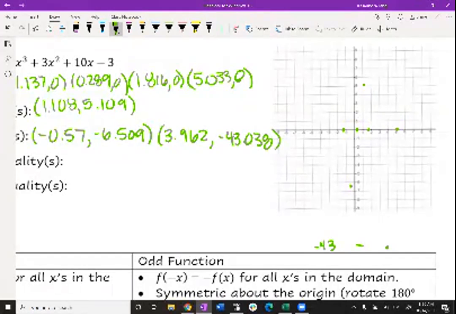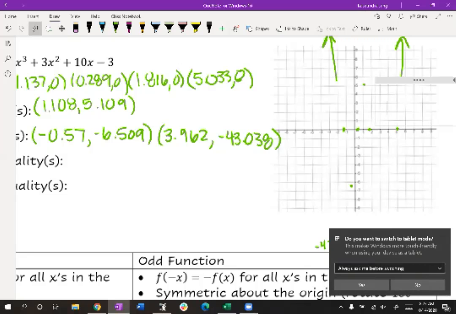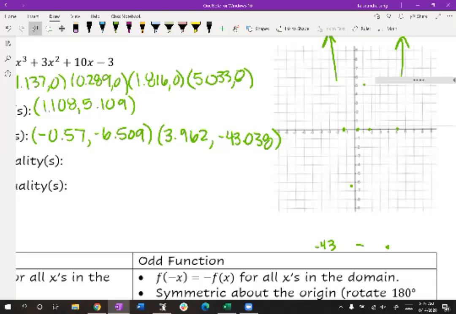I did know that as far as end behavior goes, both ends were going up? Yep, okay. So keeping that in mind, this is where I have to take this thing off. All right, so let's see if we can hit these points here. I'm gonna hit that one down to my minimum and whoop, bounce back up.